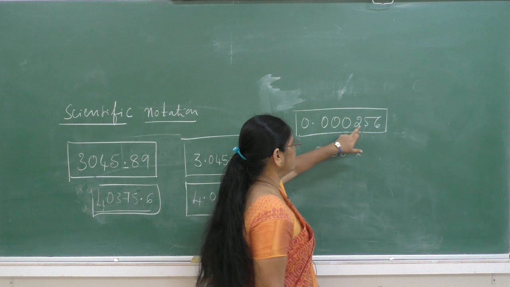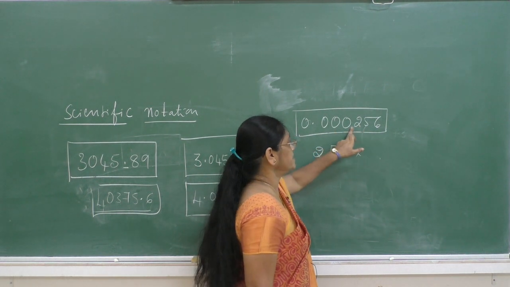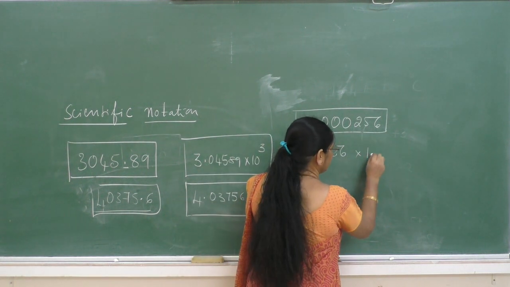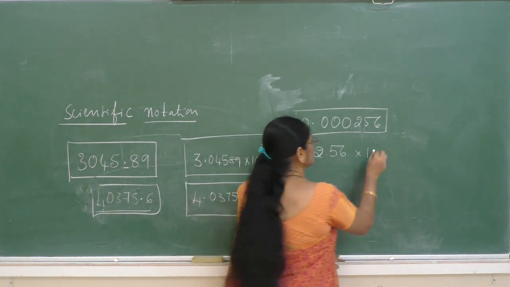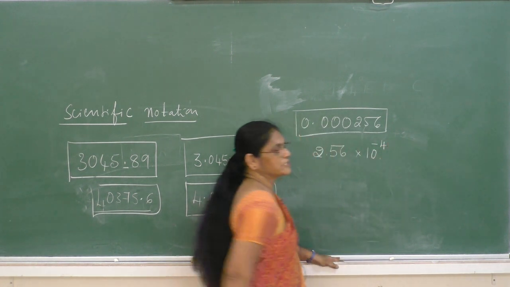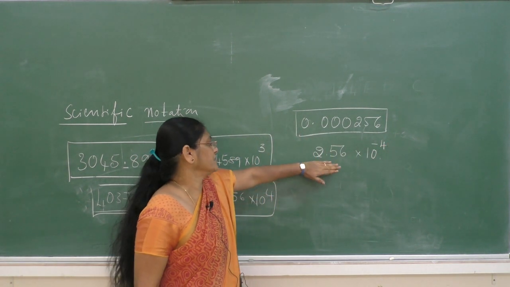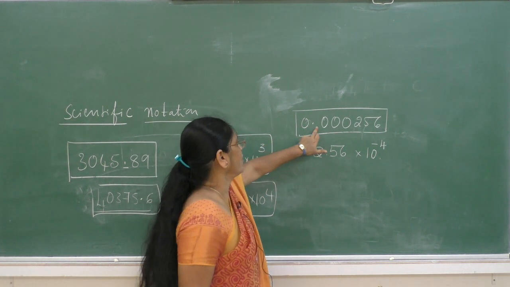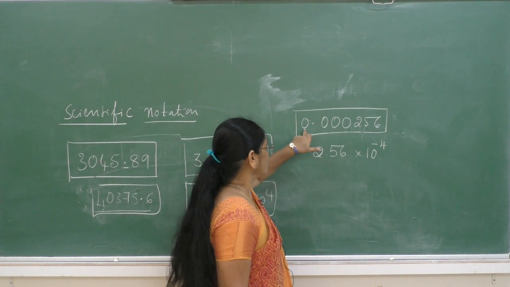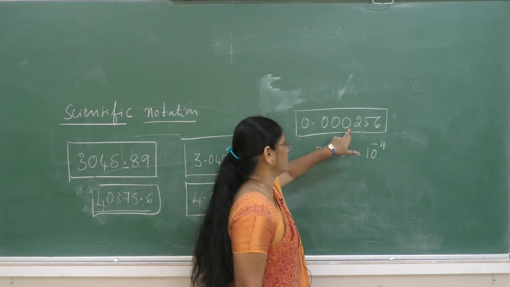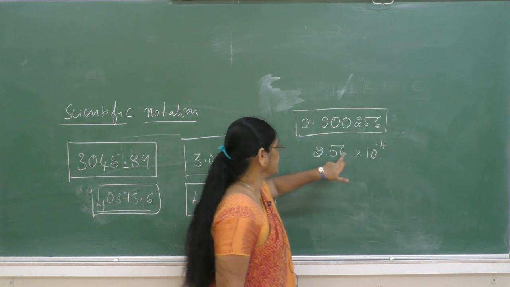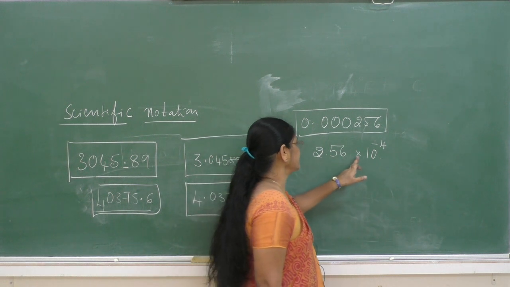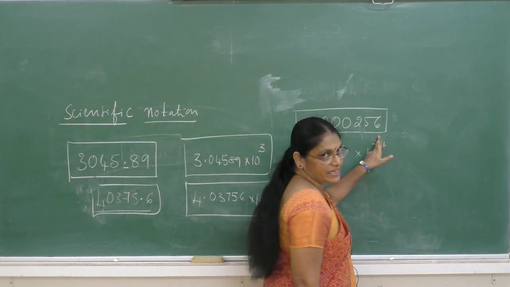Here the point is moved 4 digits to the right. So therefore minus 4 is the exponent of 10. So 0.000256 in scientific notation becomes 2.56 into 10 power minus 4.